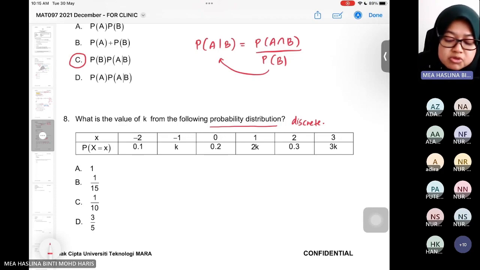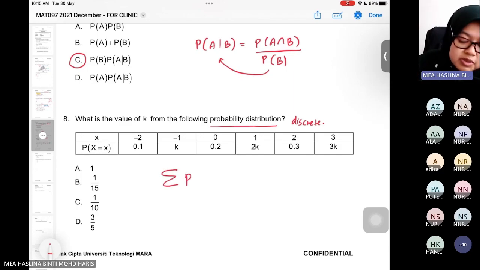So you know that the sum of probability of X equal to x must be equal to 1. So you add all the probabilities and put it equal to 1. You just add up 0.1 plus K plus 0.2 plus 2K plus 0.3 plus 3K. With that, you should get the answer 1/15.